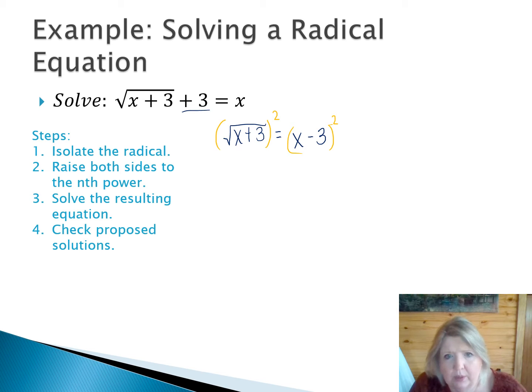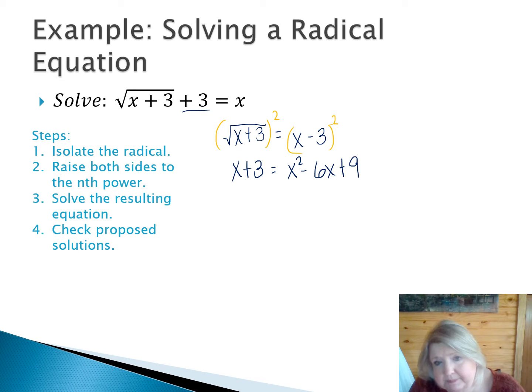The square and the square root sort of halfway cancel each other out, leaving the x plus 3. On this side, I'm going to use my formula that says front guy squared, minus 2 times front times back, so 2 times x times 3 is 6x, plus back squared, 3 squared is 9. Now I'm down to a quadratic equation that I think I know how to solve by now.